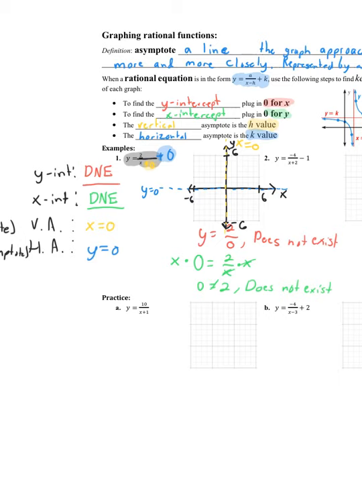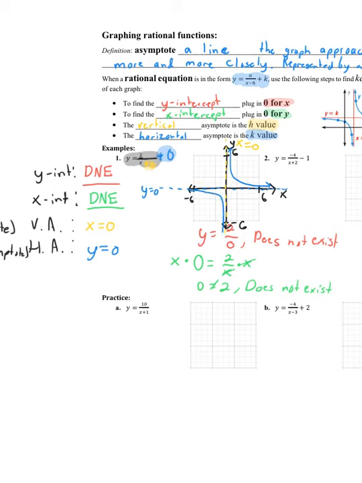Remember, it's saying x equals 0, so it's saying for all the x values when x equals 0, y is going to be any number. That's why it's that vertical asymptote. And then I'm finally going to sketch my line here. I'm just going to go ahead and do a rough sketch and draw something that looks like this.